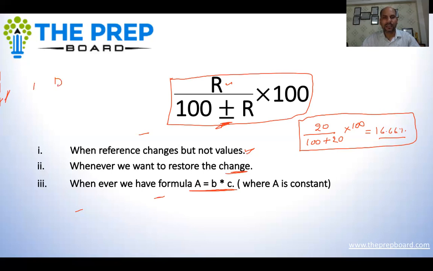Distance equals speed into time. Area of rectangle equals length into breadth. Or you can say expenditure equals price into quantity.